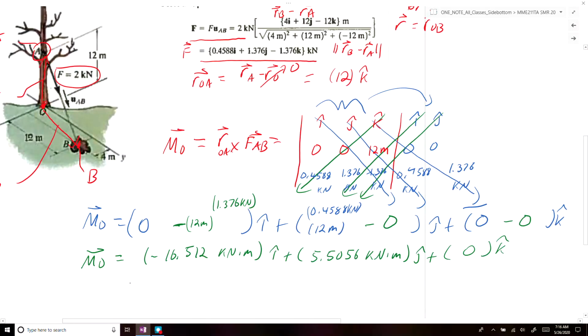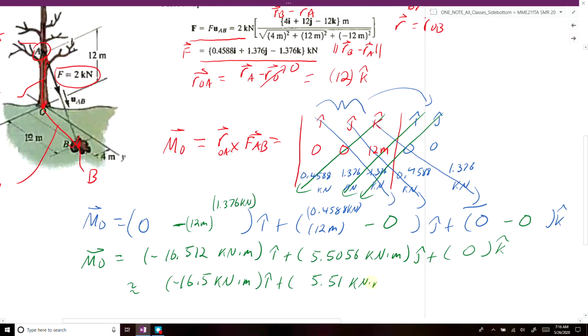If we round these terms, we get minus 16.5 kilonewton meters along the x-axis and 5.51 kilonewton meters along the y-axis. And that's our result for a Cartesian vector about a point using our 3D cross product formula.